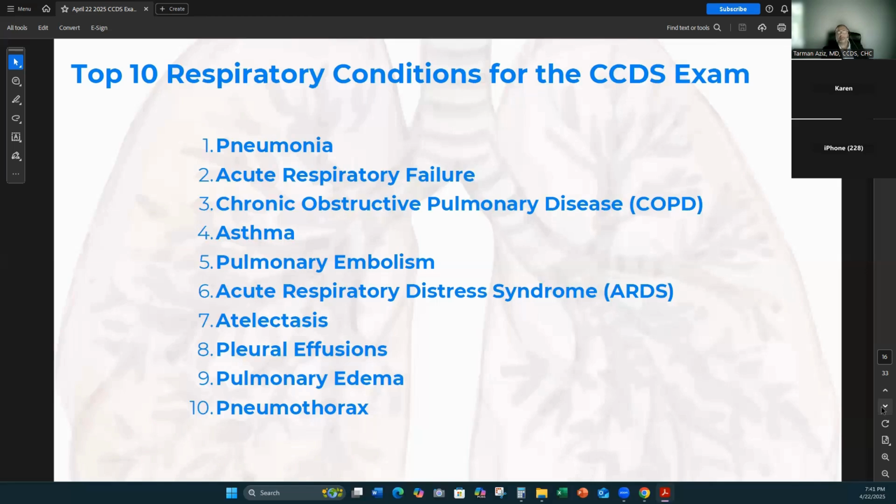Atelectasis we mentioned. Pleural effusions are much the same as atelectasis, meaning that we wouldn't bother to code them away from the condition that causes the effusion unless they were significant in nature and required additional intervention.